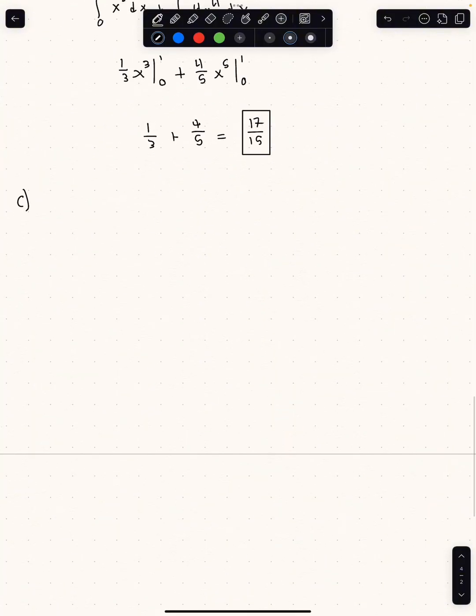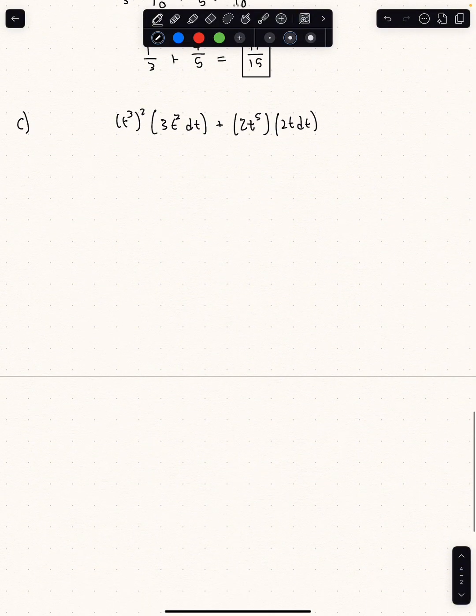Okay, and then if we substitute those in for our F dot dr, we will have t cubed squared. So this is the x, and then this is the dx, so we'd have 3t squared dt, and then our y would become 2t to the 5th, dy being 2t dt.